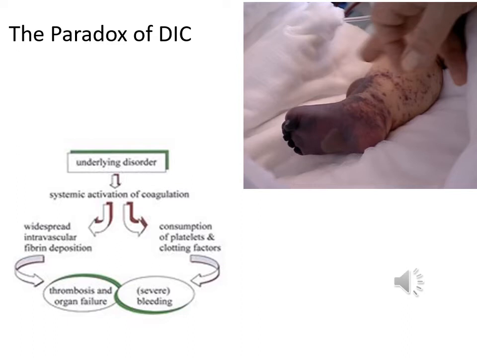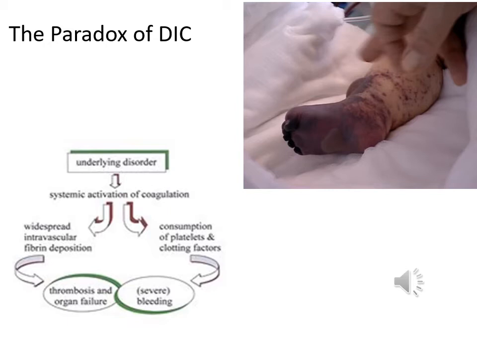At the same time that this is happening, the inflammatory response is enacting coagulation. So we have high thrombin levels producing clots that are settling in the vasculature. So we have this paradox of bleeding and clotting.